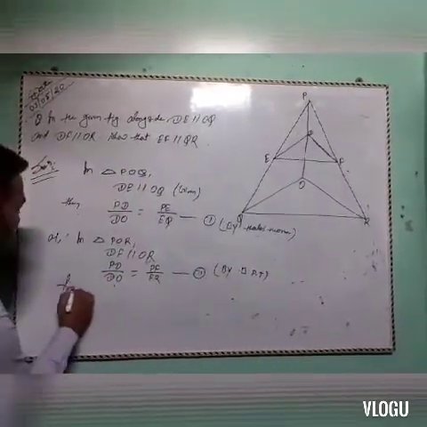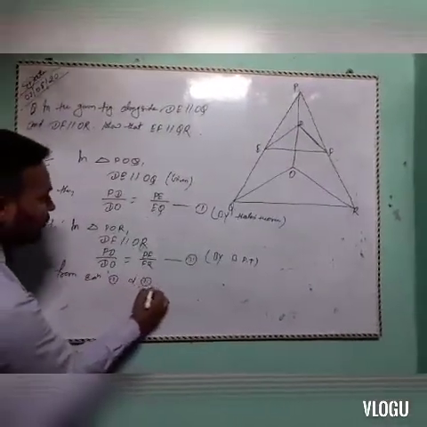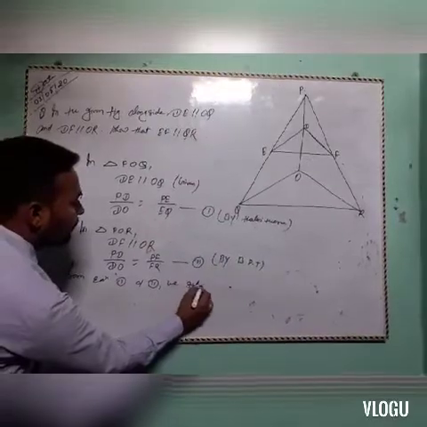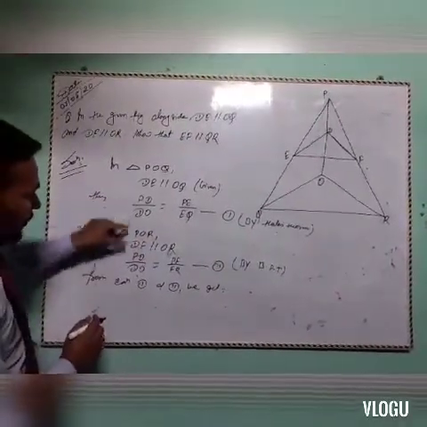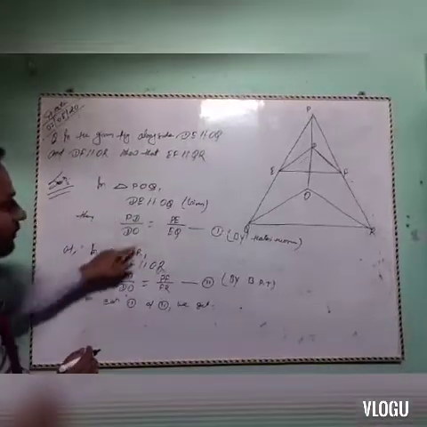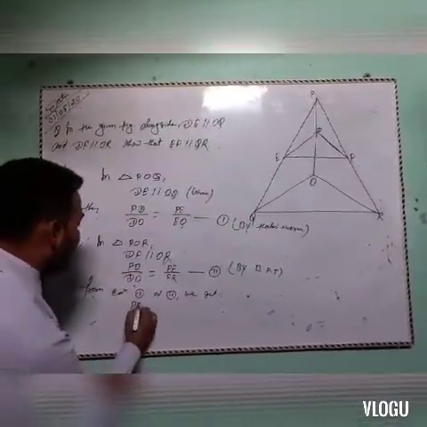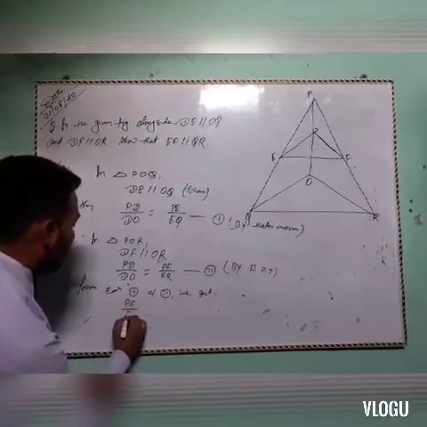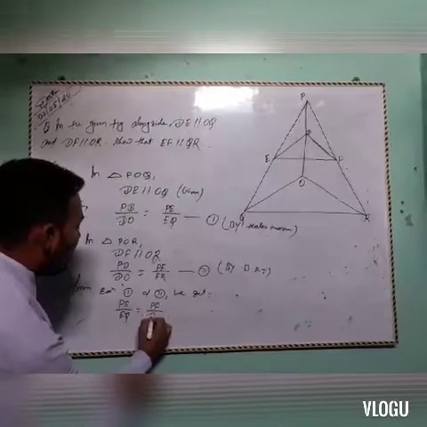From equation 1 and 2 we get, LHS is equal, then RHS is also equal. So PE by EQ equals PF by FR.